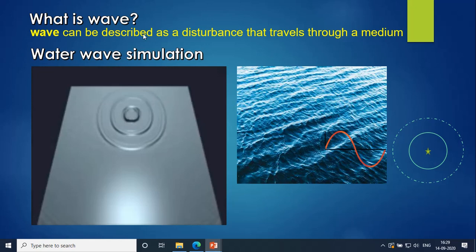So if you make an assumption like this, water is spreading in all directions in the form of concentric circles, or in the form of up and down. One time the wave is moving upward, another time the wave is moving downward. So you can represent a water wave like this, or you can represent a water wave by thick and dotted circles.